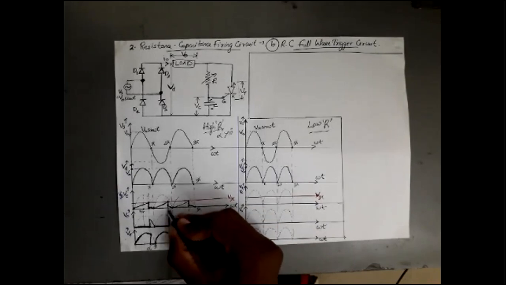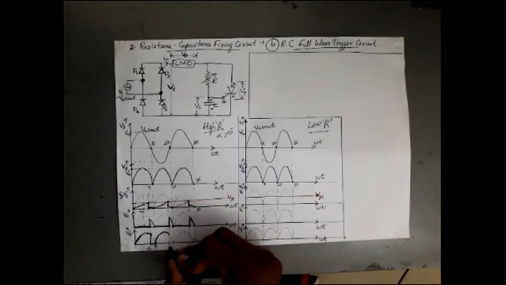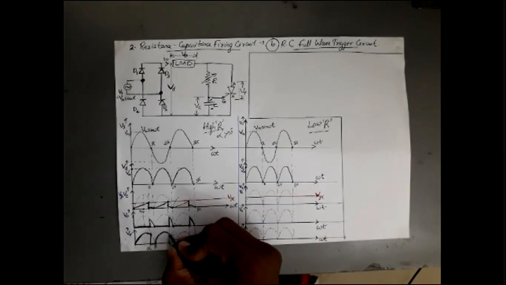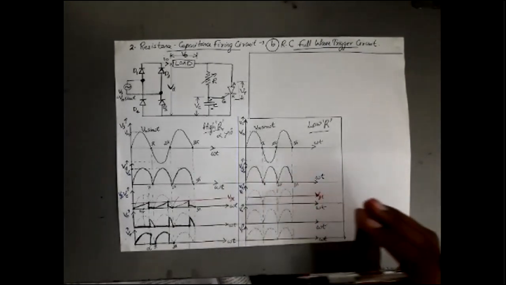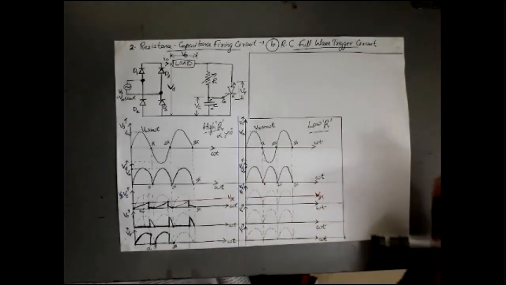Here at pi plus alpha, it is again triggered. So my thyristor voltage gets reduced to zero because my thyristor is triggered at this point. So again up to 2 pi, thyristor voltage is zero because thyristor was conducting. At 2 pi again what happens? Voltage Vd will be appearing across my thyristor since it is not triggered during this condition.